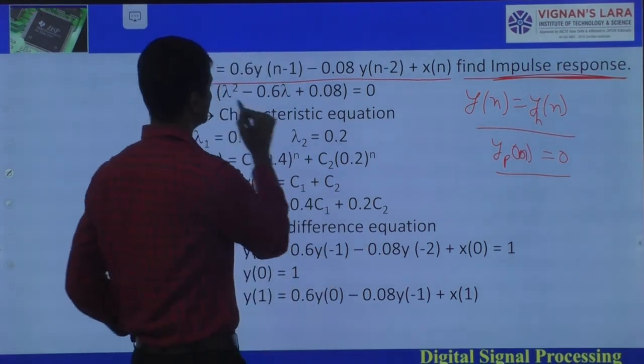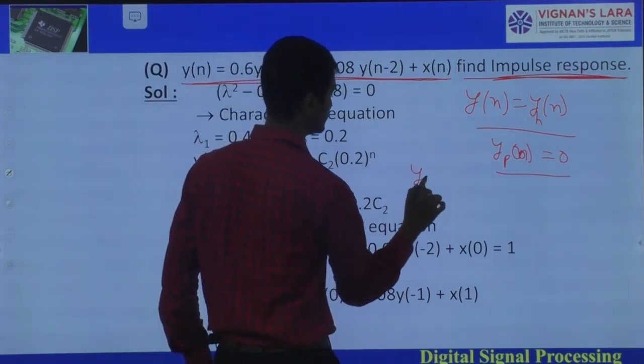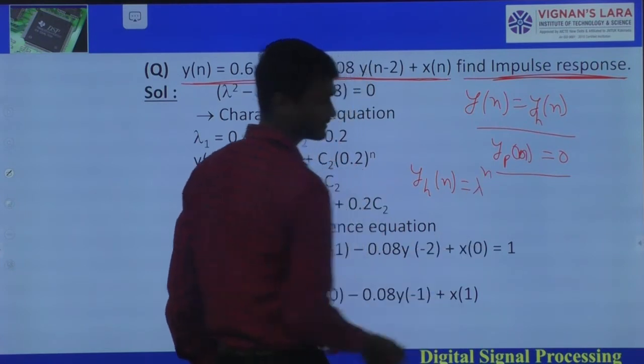From the given difference equation, y_h of n is in the form of lambda power n.